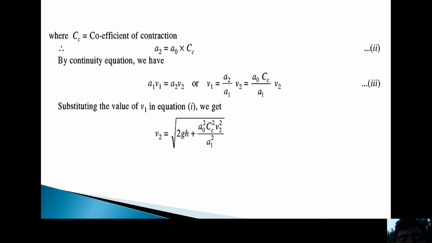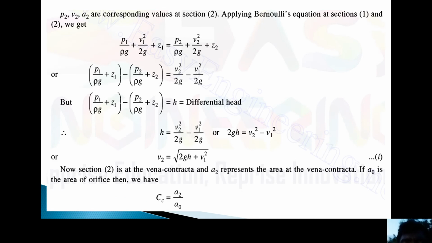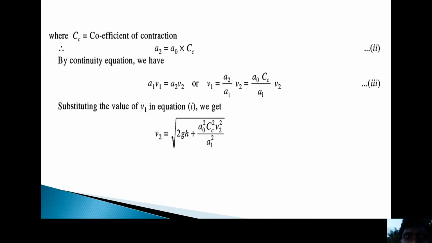Therefore A2 equal to A0 into Cc. By the continuity equation, we have A1 V1 equal to A2 V2. So V1 equal to A2 by A1 into V2, which equals A0 Cc by A1 into V2, because the A2 value is A0 Cc.